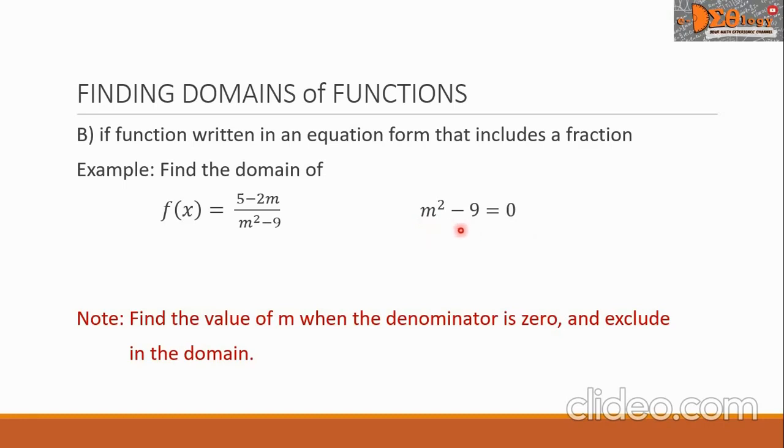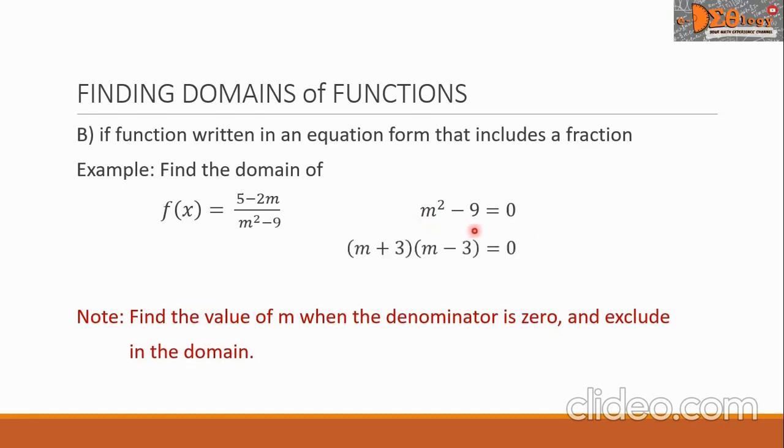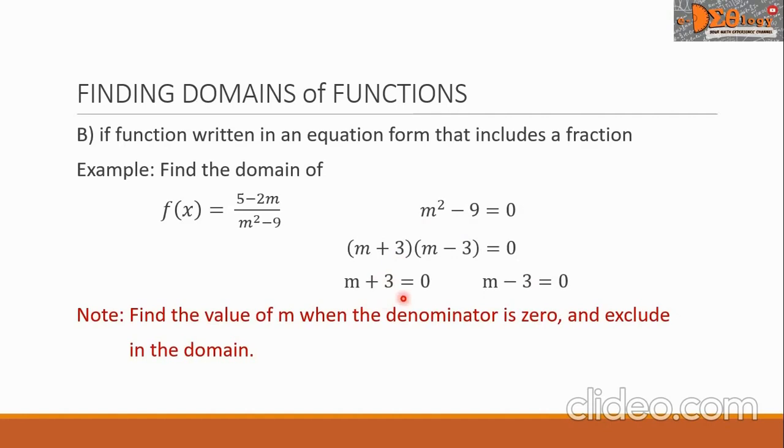This m squared minus 9 is factored into m plus 3 times m minus 3. And then each factor we will equate to 0. So m plus 3 equals 0. The second factor, m minus 3, is also equal to 0.